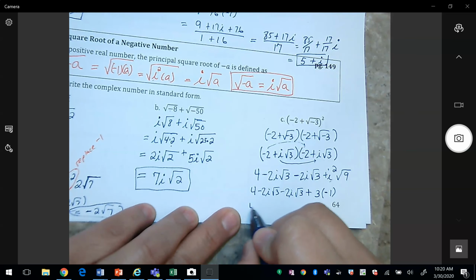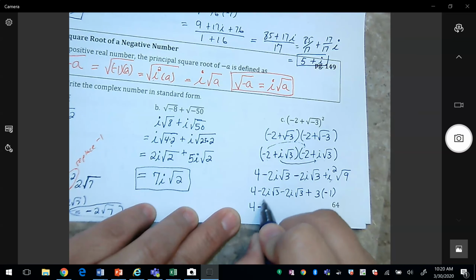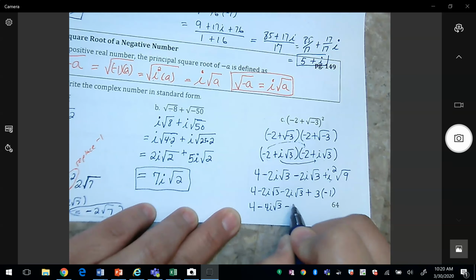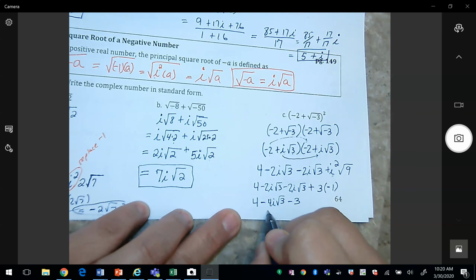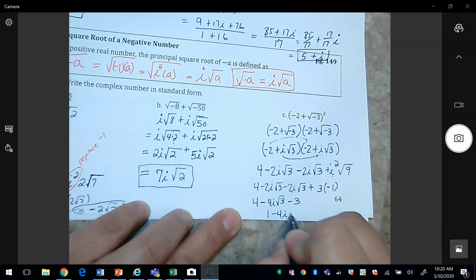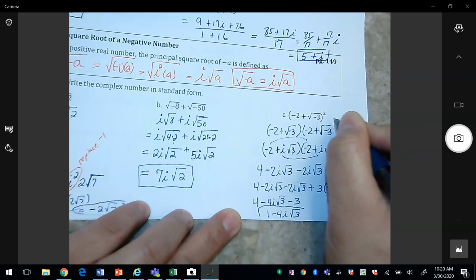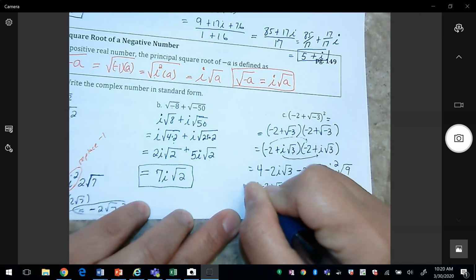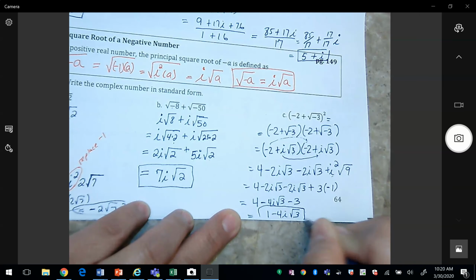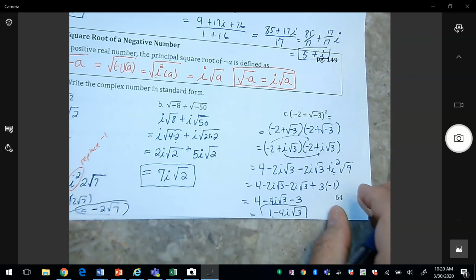So if we gather like terms, we end up with 4 minus 4i square root of 3 minus 3, and 4 minus 3 is 1, minus 4i square root of 3. So here we would have our answer as 1 minus 4i square root of 3.